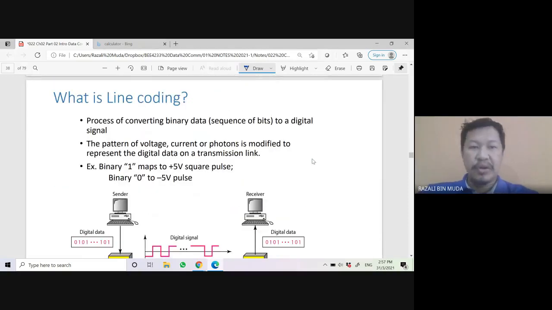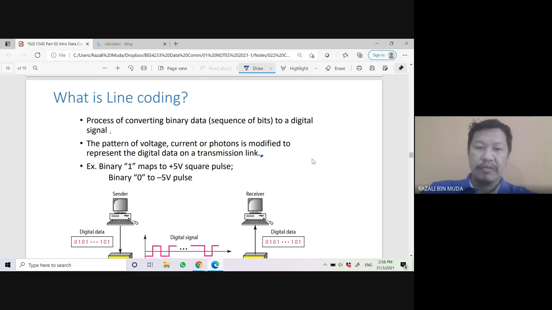So what is line coding? Line coding is the process of converting binary data or a sequence of bits to a digital signal. The pattern of voltage, current, or photons is modified to represent the digital data on a transmission link.